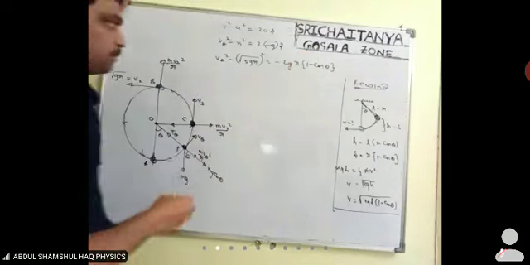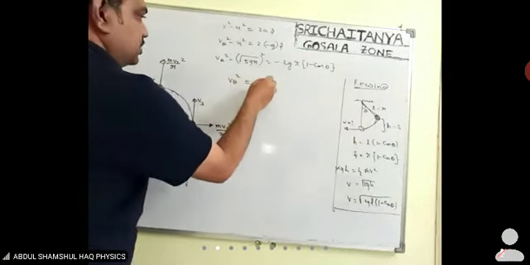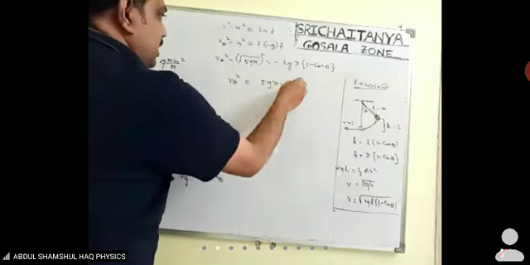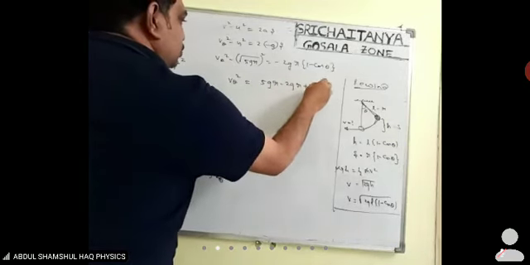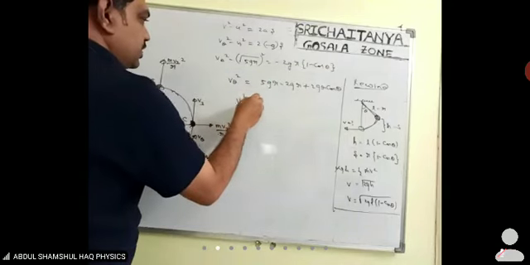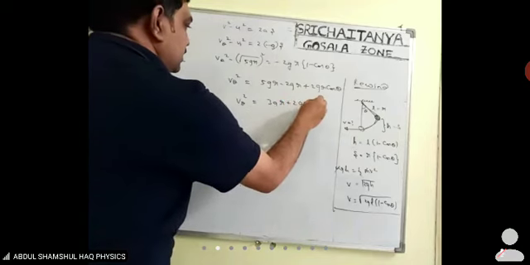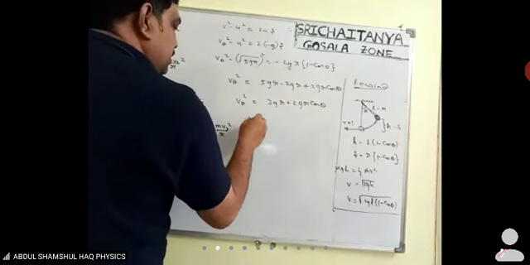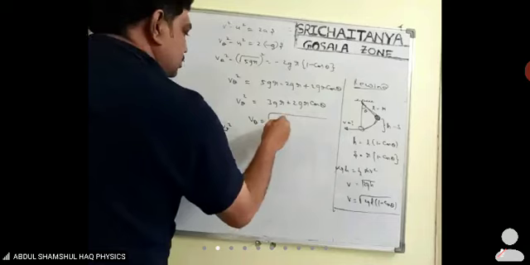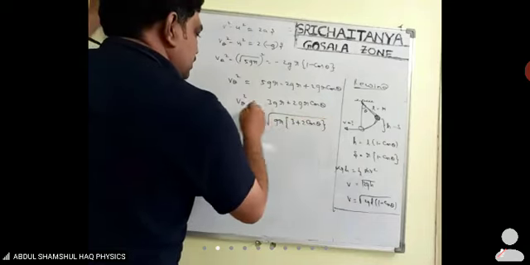So therefore, V theta square equals 5gr minus 2gr plus 2gr cos theta. So V theta square equals 3gr plus 2gr cos theta. So V theta in this case will be equal to root gr into 3 plus 2 cos theta.